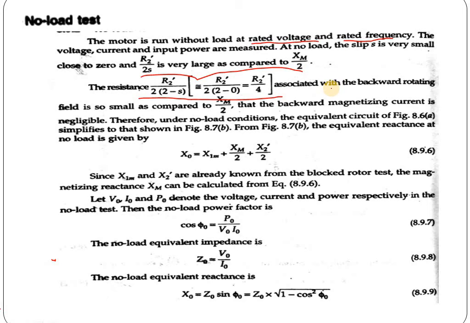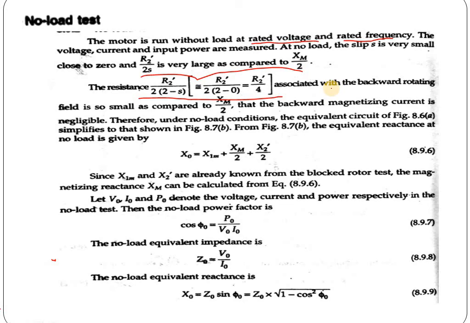Associated with the backward rotating field, it is small compared to Xm by 2, so the backward magnetizing current is negligible. Definitely in this case, the backward magnetizing current will be very small, so we can neglect this value.